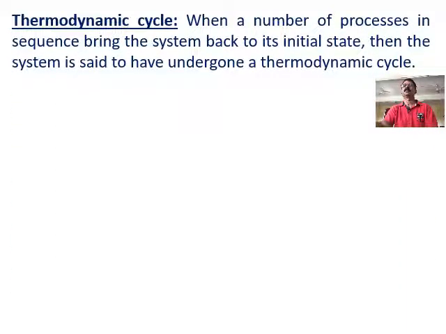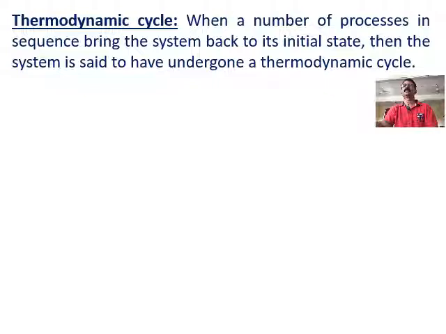Now coming to the last topic of this lecture, it is thermodynamic cycle. You studied state, the exact condition of a substance, then you studied process, now the cycle. When a number of processes in sequence bring the system back to its initial state, then the system is said to have undergone a thermodynamic cycle. Try to understand this.